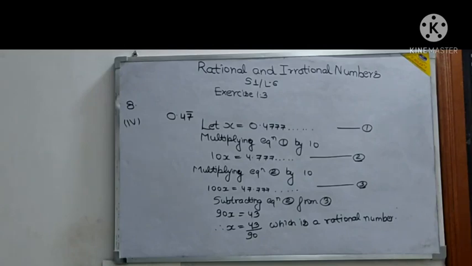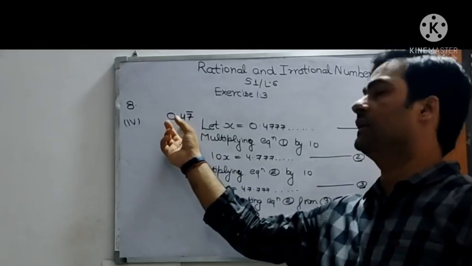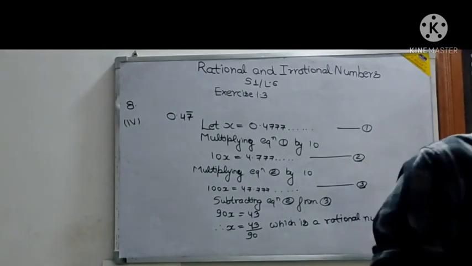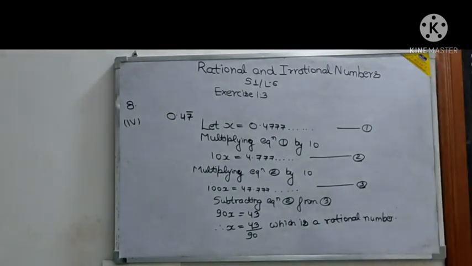Yes, 43 by 90. A little bit different. Here after the decimal place 1 digit was there and another digit was there that was repeating. So only one repeating digit was there. So this is how we have done. I think this should make things clear for you. Okay.